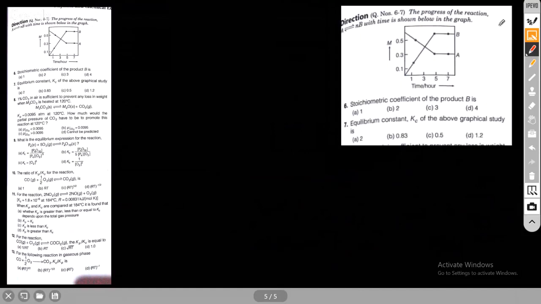One more thing I'll tell you here. This is point 2, which is not mentioned here, and this is point 6. This is here.